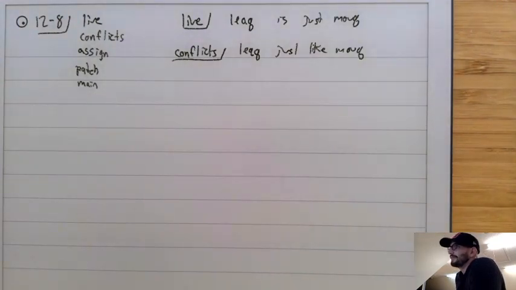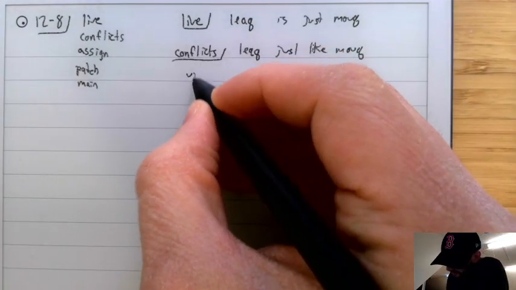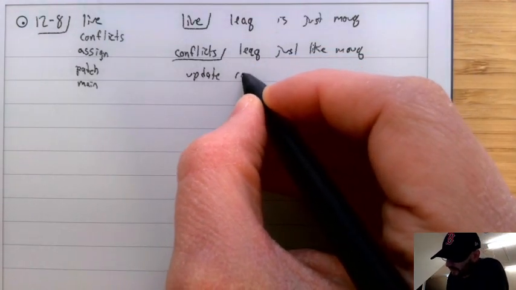What else do we need to do? The other thing that we need to do is update the way that we handle a callq. So we need to update what callq does.